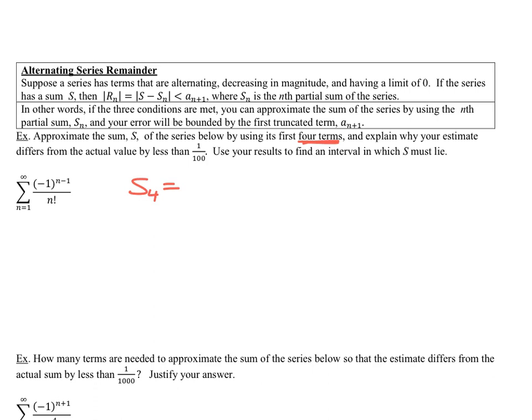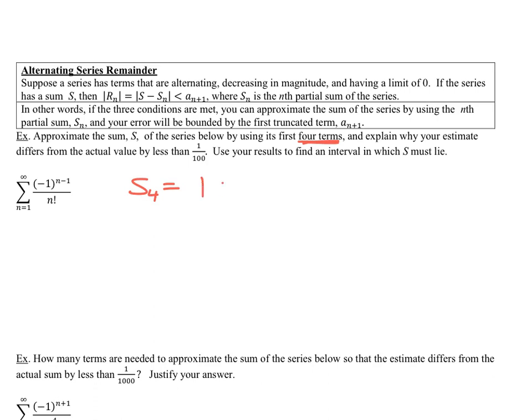It's alternating, which means that we have to account for the fact that there's going to be a sign change. So if I plug in a 1, I'm going to be looking at a power of 1 minus 1, which is 0. So the first term is going to be positive. Negative 1 to the 0th power is positive 1. So 1 over 1 factorial.